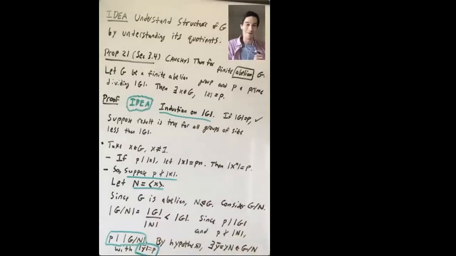So now the induction hypothesis says that G mod N, a finite abelian group of size less than the size of G, has p as a prime dividing its order. So by hypothesis, there's some element, let's say y bar in G mod N, which we can write as the left coset of N containing some element y, and we know that the order of y bar is equal to p.